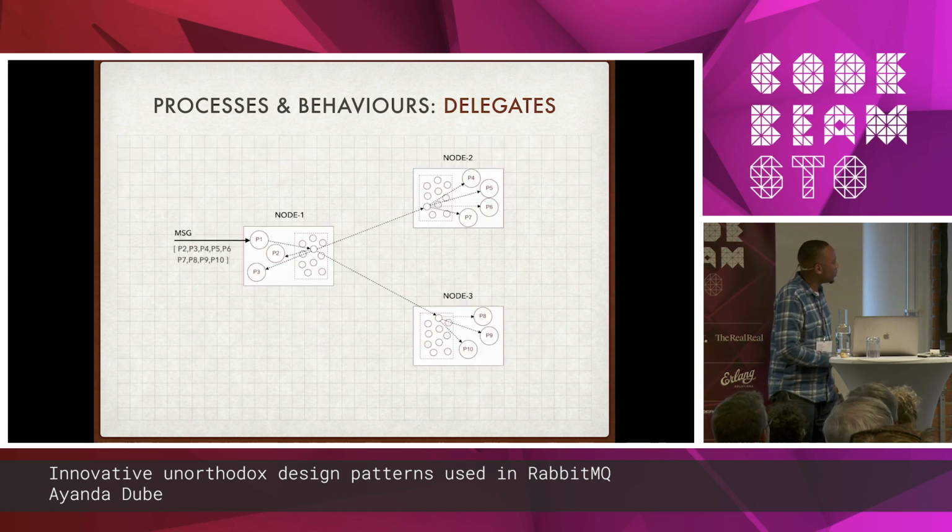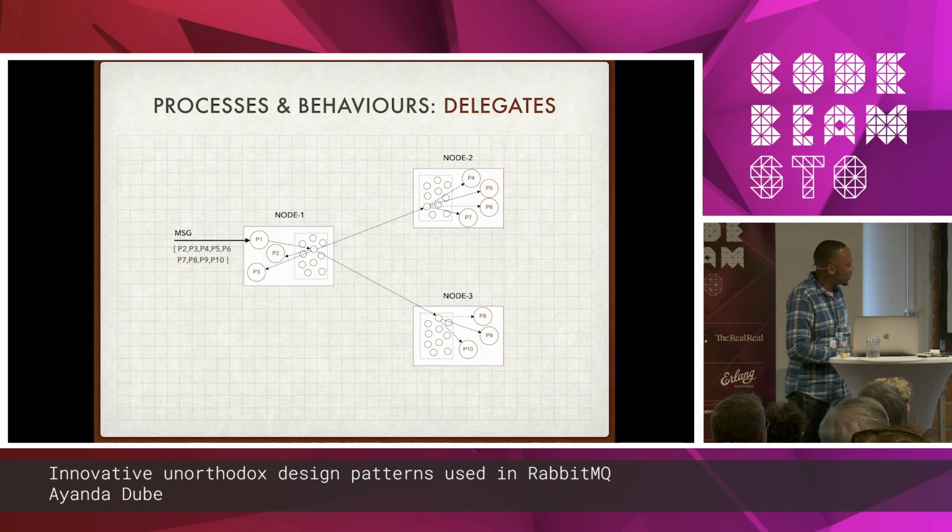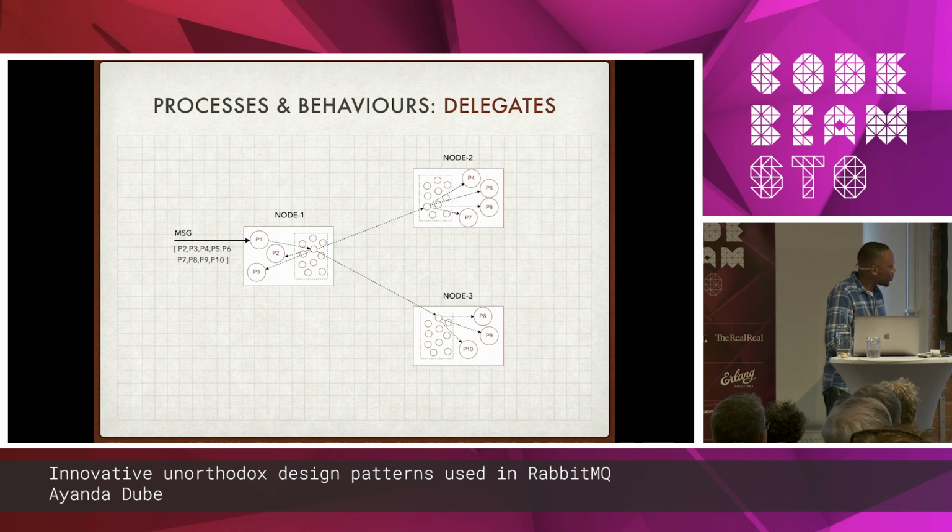And just an example as well. If you've got 3 nodes, and you want process 1 to forward a message to multiple processes across your cluster, instead of sending messages to each process, if you're using delegates, it would forward that message to a single delegate, and then that delegate will split your remote PIDs and forward a single message to a remote delegate with the command to execute against the local processes.